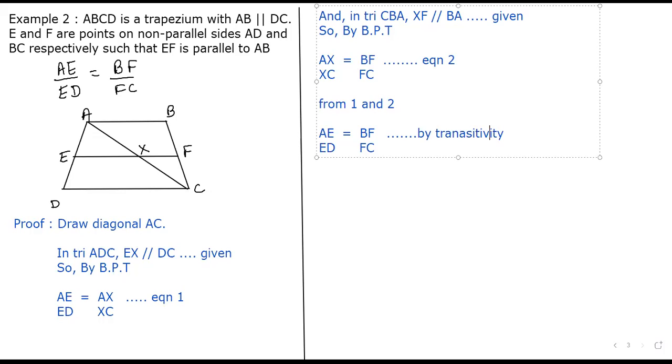It is like this: A is equal to B and C is equal to B. If A and C both are equal to B, then A and C are equal. Yes or no? That is called transitivity. This is just for your information, nothing more.